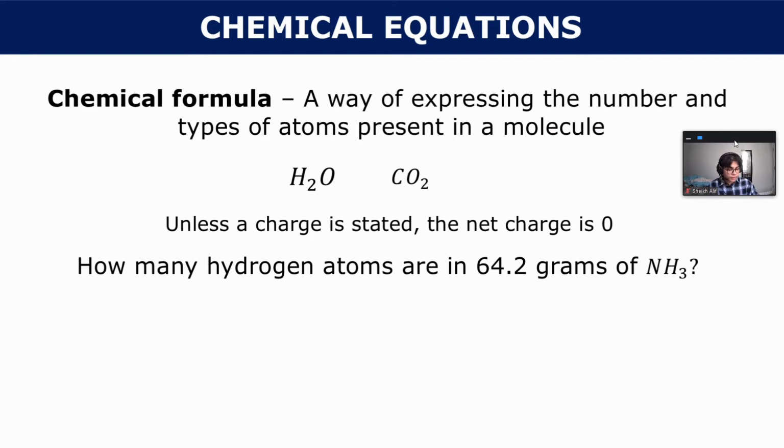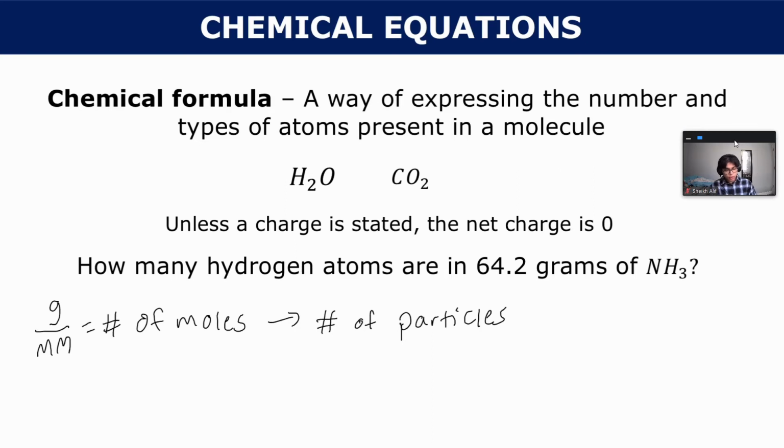We can take a very similar approach to how we did the previous problem, right? If we take the grams over the molar mass, we get number of moles. And then we can take that to number of particles. But remember, over here, the number of particles that we're going to get are the number of molecules of NH3.